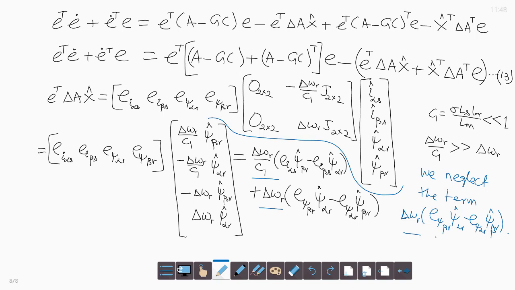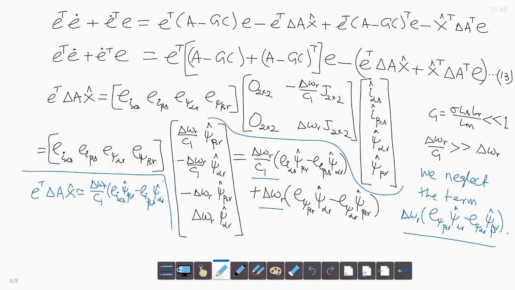So, if we neglect this, we get the simplified equation, that is, E transpose into delta A into x hat is nearly equal to delta omega r by C1 into E I alpha s into psi beta r hat minus E I beta s into psi alpha r hat. This is the one we have.